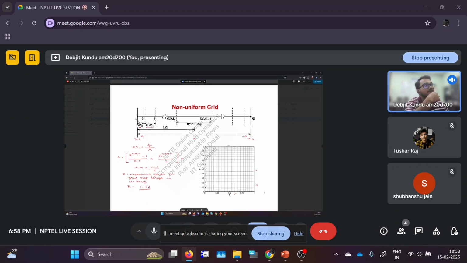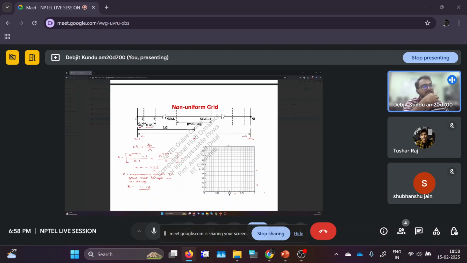So if the total number of points is ni, then the point up until which it increases, that is L by 2, would be this n_cal, that is the number of grid points up until which expansion occurs, and after that there will be contraction.